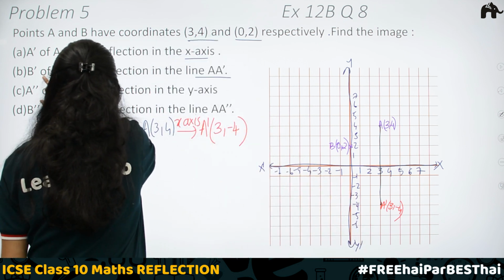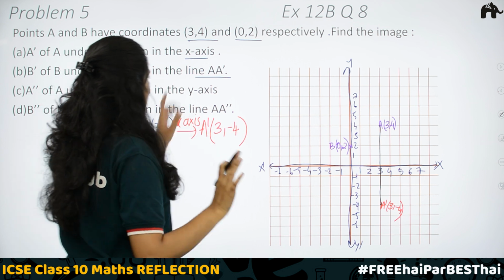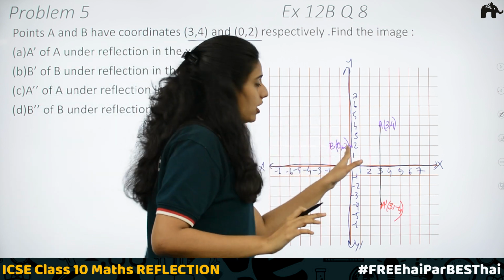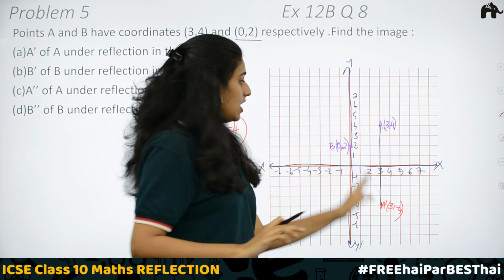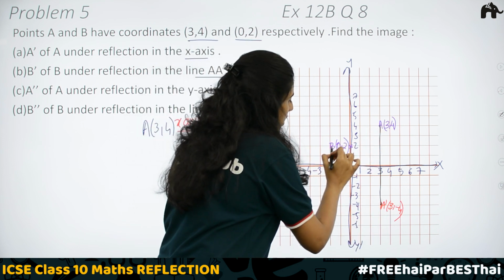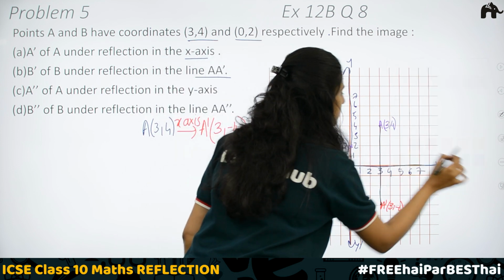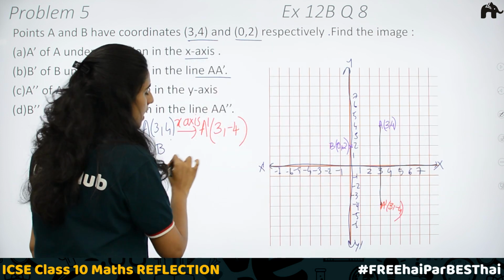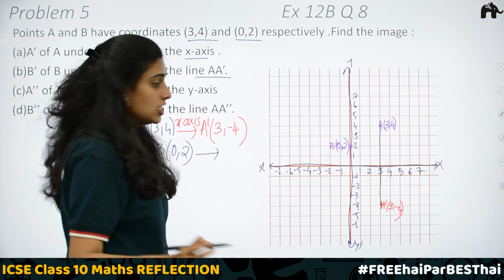Here we have to find B dash under reflection in the line AA dash. We have point B here. Here the reflection is happening in AA dash. Now, when you take this point B, B 0, 2, okay, and the reflection is happening.